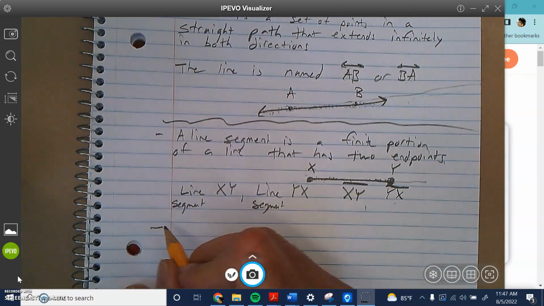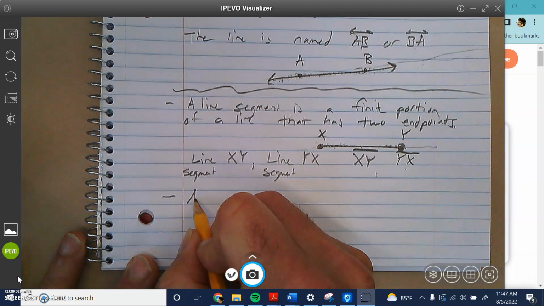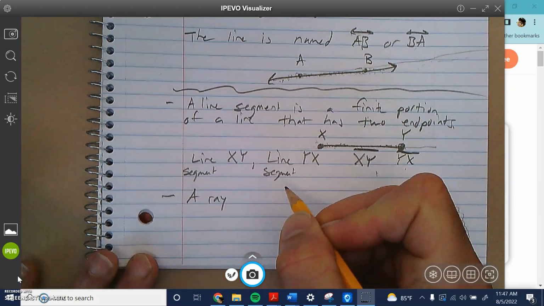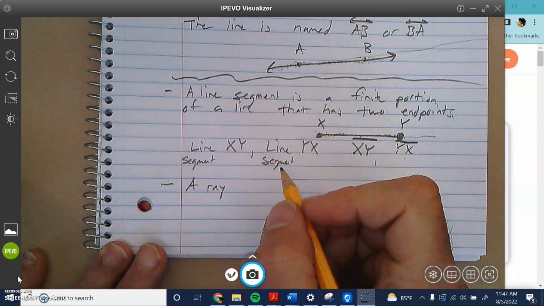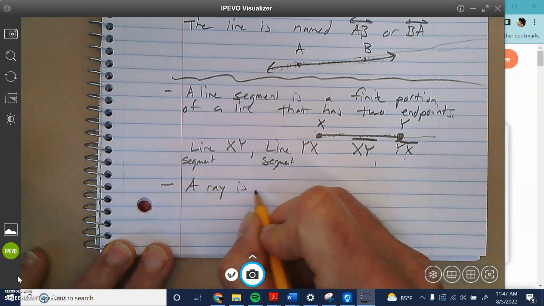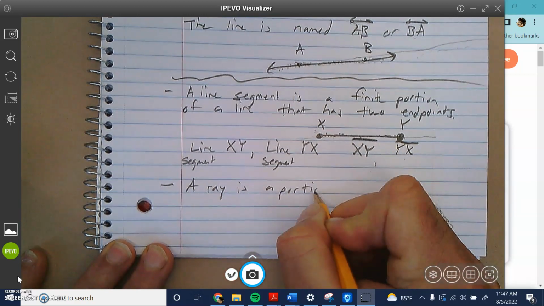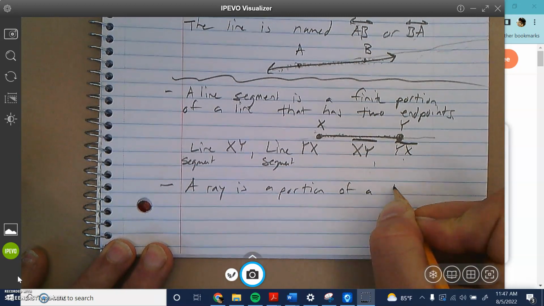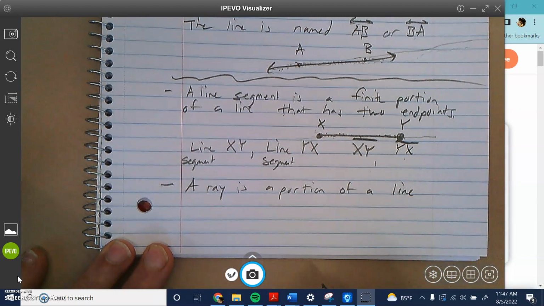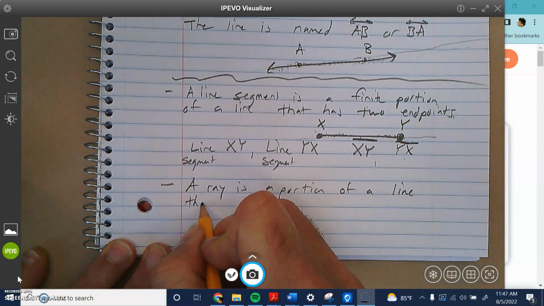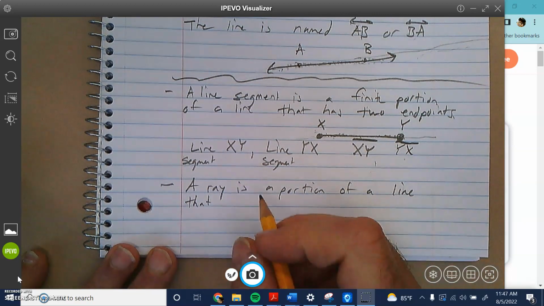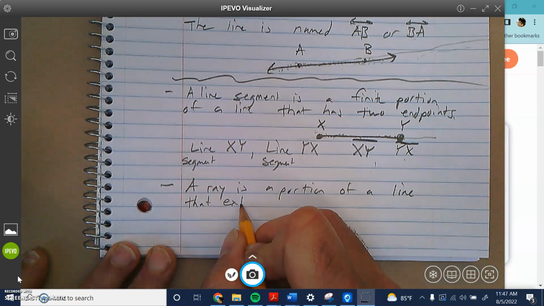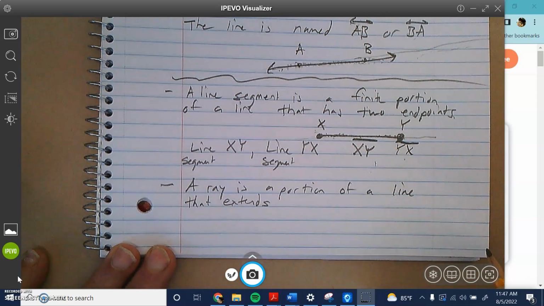Okay, last one, a ray. Ray of sunshine is a portion of a line. A lot of notes here. Excellent. So it is a ray.